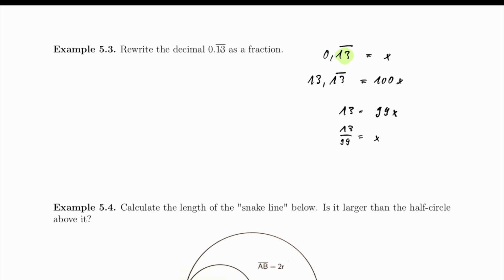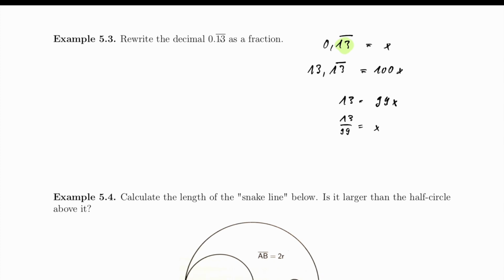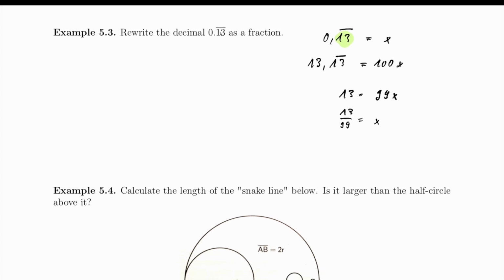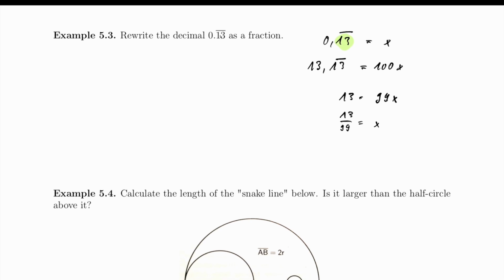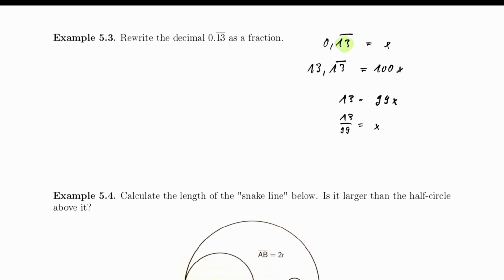And if that seems shady to you, you can maybe use a calculator to convince yourself that if you plug in 13 by 99, it actually is equal to 0.13 periodic. Or you can also say, okay, 0.13 periodic is equal to 0.13 plus 0.0013 and so forth.